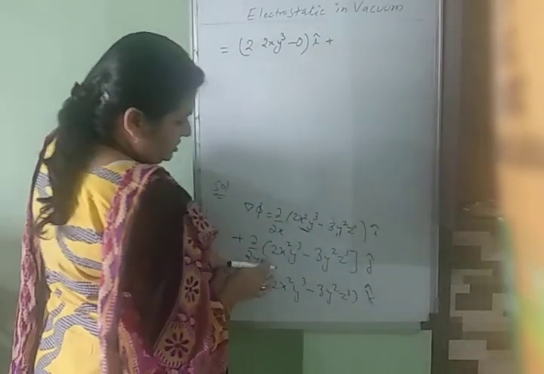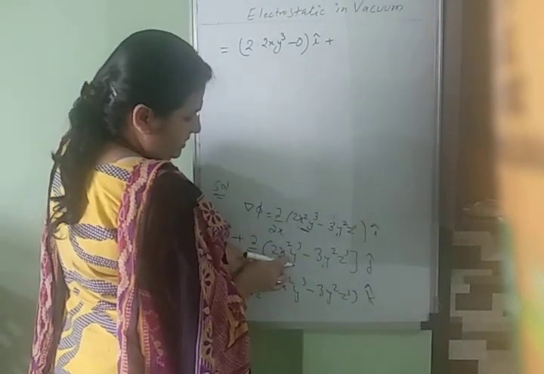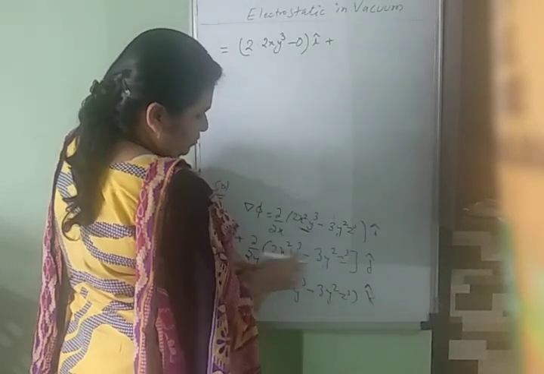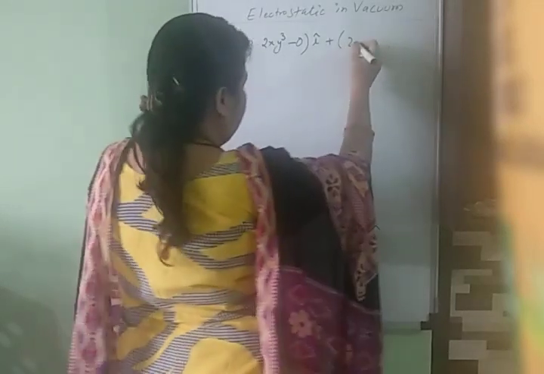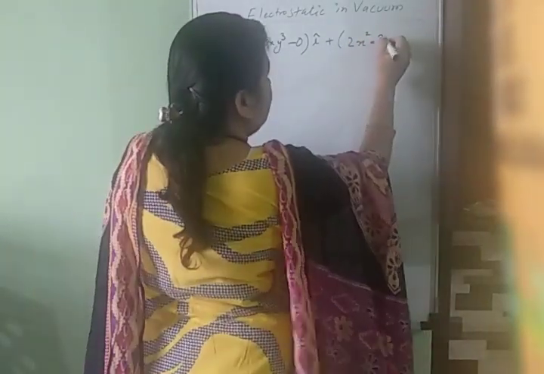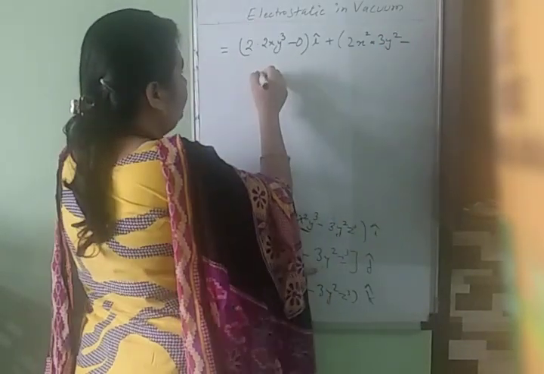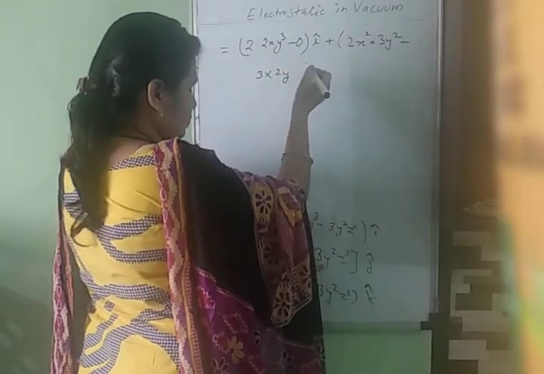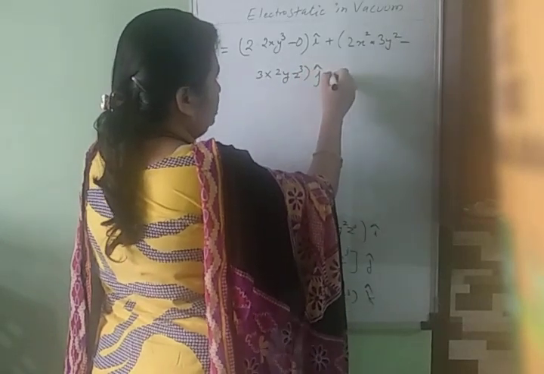Now differentiate the phi function with respect to y. The y is available in both terms, so both terms are differentiable. So it is 2x² multiplied by the differential of y³, which is 3y², minus 3 into 2y times z³, multiplied with unit vector j.